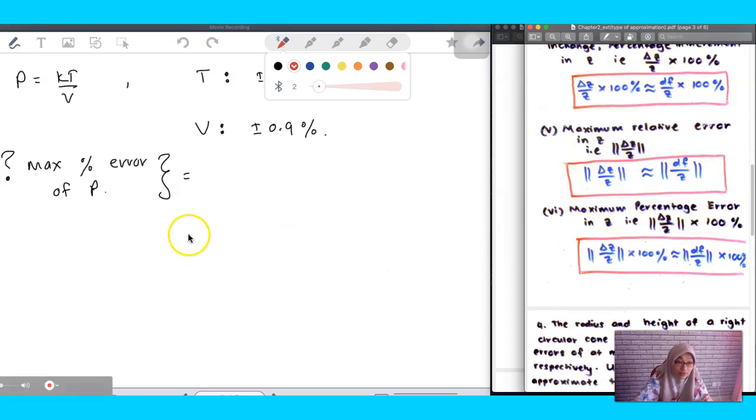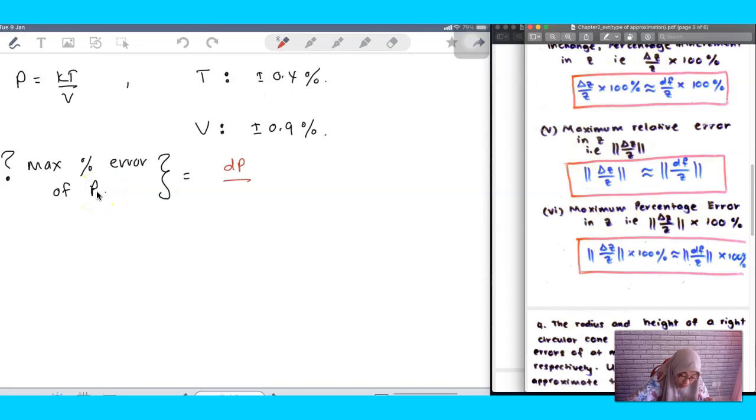So this is the maximum percentage error. When you convert into symbols, because now you have P, not z or f, it looks like dP over P multiplied by 100%. That is the percentage error.